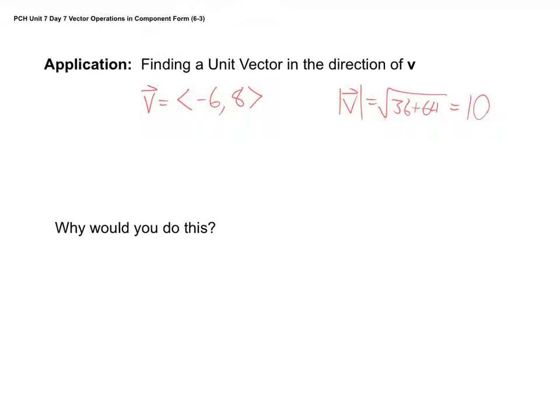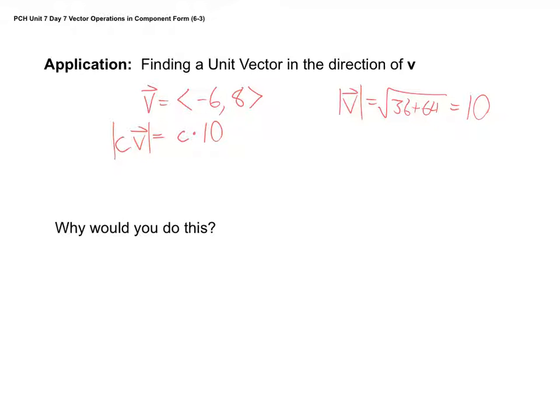So, if I know that multiplying a vector by a constant will multiply that magnitude by the constant, the magnitude of a constant times a vector will be that constant times its magnitude.